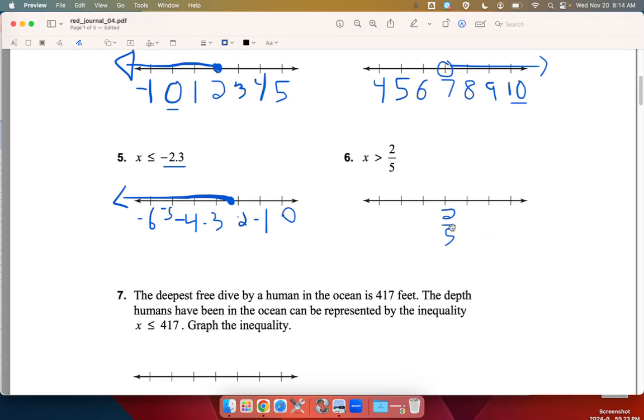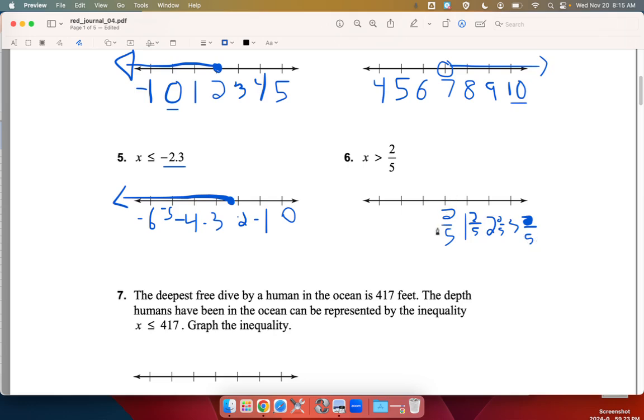You could also do 2/5, 1 2/5, 2 2/5, 3 2/5. Notice again, I'm going up evenly. I'm adding 1 each time as we go through that.